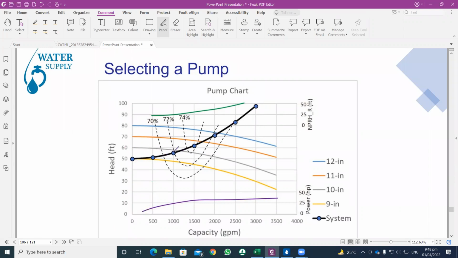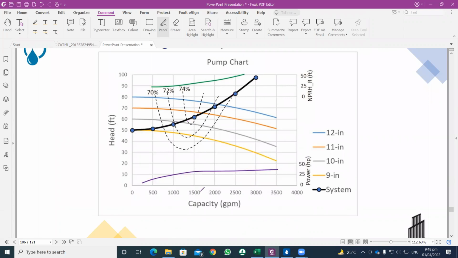What will you do in order to select the best curve? What is the flow rate of the system given to us? It is about 1700 GPM. We will project this value to the pump curves.